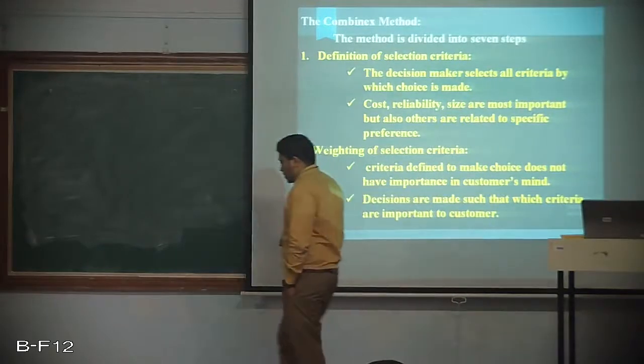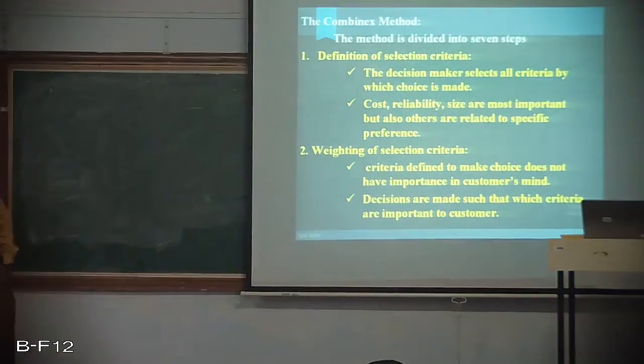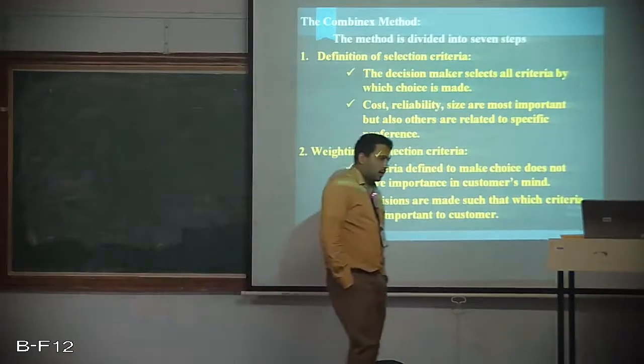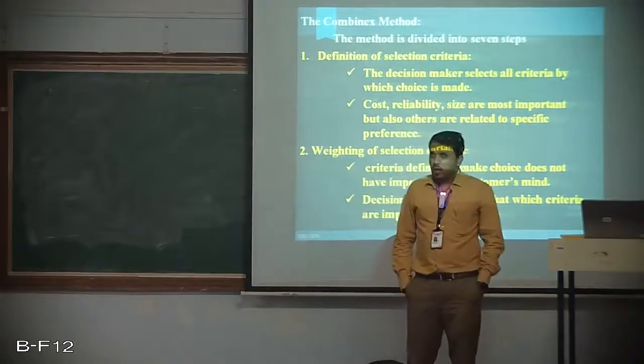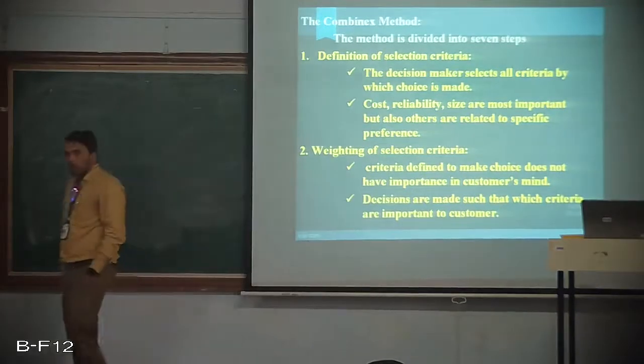So there are 2 customers. One customer requirement is that he wants a brand and he wants more power. And the other customer requirement is that he wants more efficiency, more service stations, comfort, and less maintenance cost.